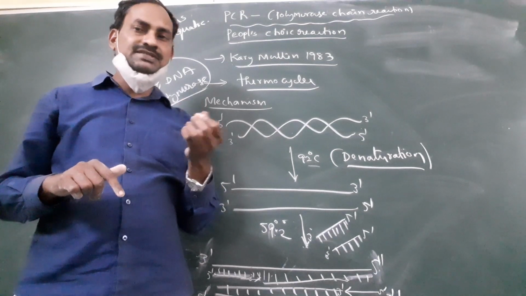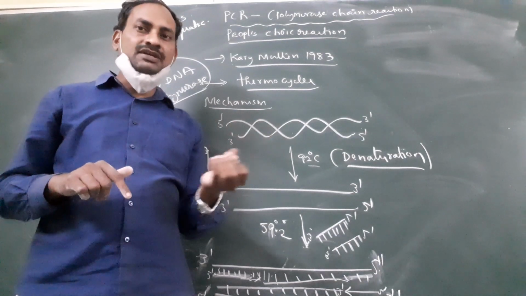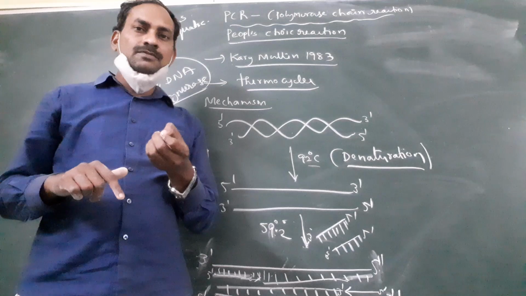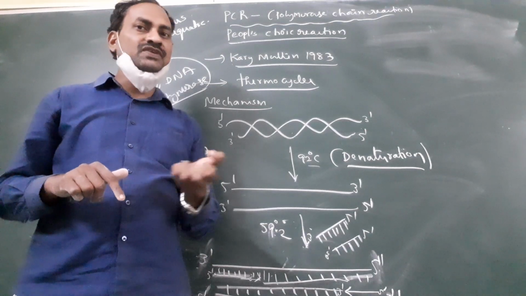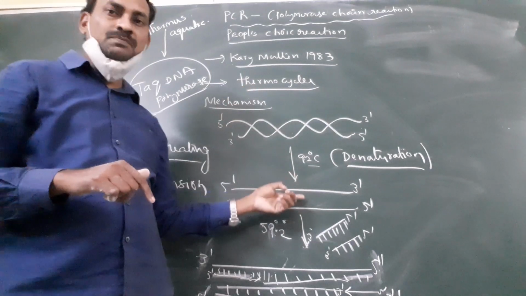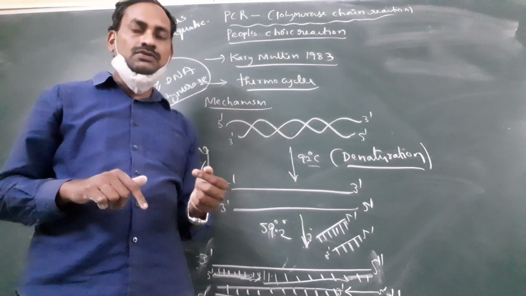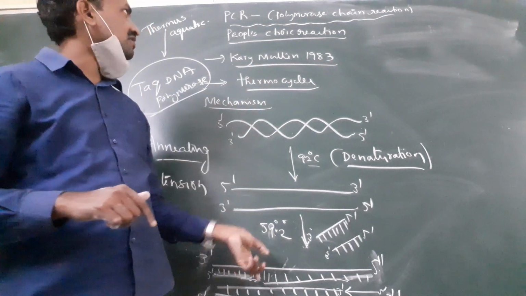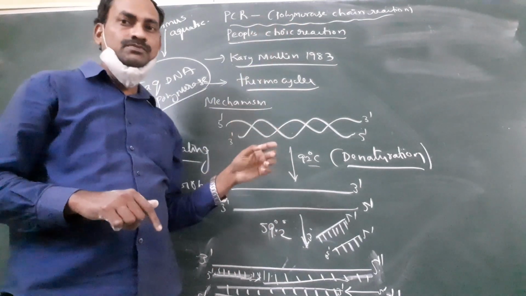Suppose a stabbing or something happened, so we can isolate a small quantity of blood or hair. From that we can isolate the DNA and multiply it into so many copies. These are all uses of polymerase chain reaction.